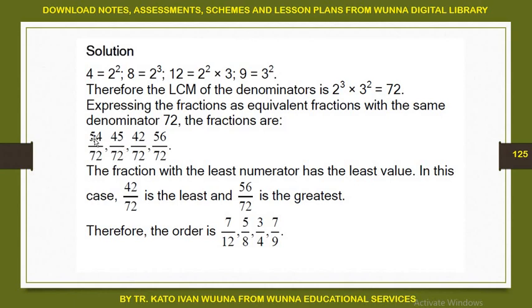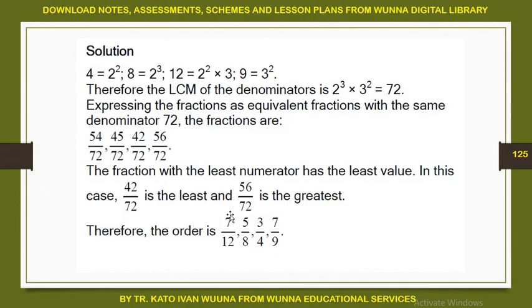Followed by 54 over 72. Now, which fraction gave us 54 over 72? It was 3 over 4. And the last, the biggest, is the one that gave us 56 over 72, which is 7 over 9.